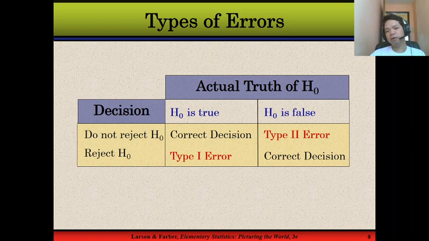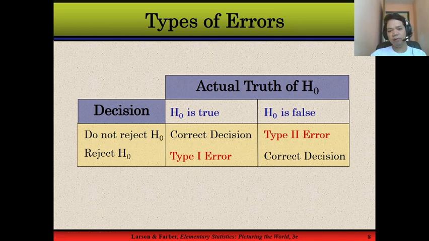Kung yung null hypothesis mo raw ay true, tapos ni-reject mo siya in the end, so now you have a type 1 error. Kasi totoo yung iyong null hypothesis, tapos ang decision mo based on your statistical analysis ay ni-reject mo yung iyong null hypothesis. So mali yun. That is type 1 error.